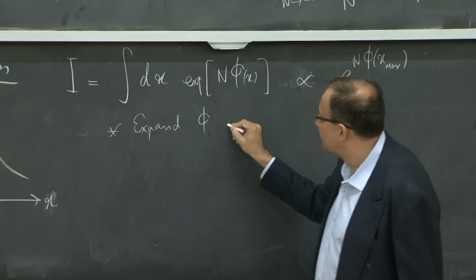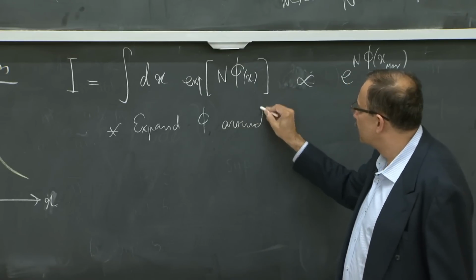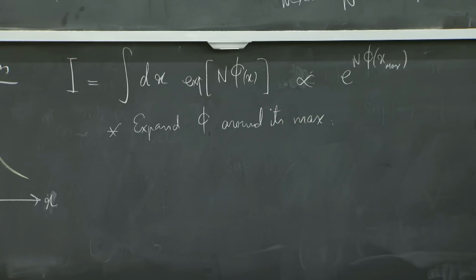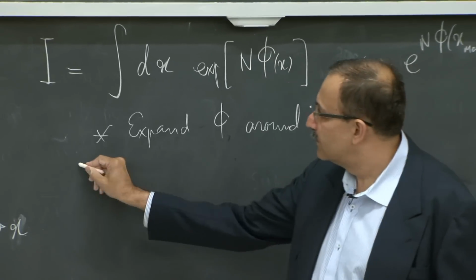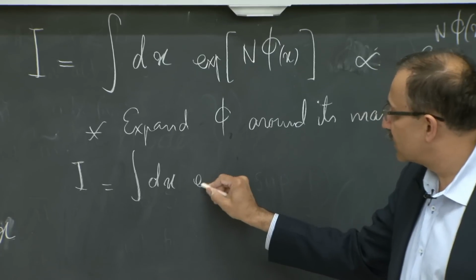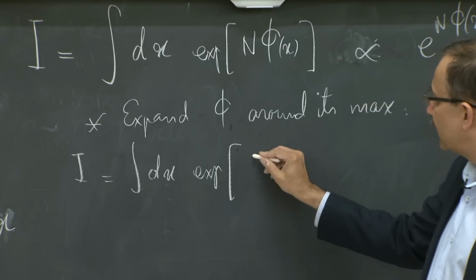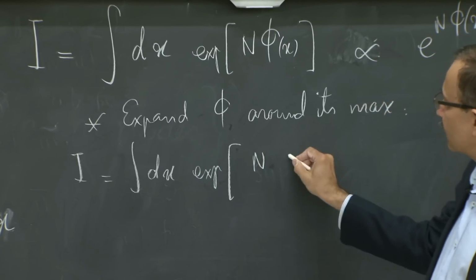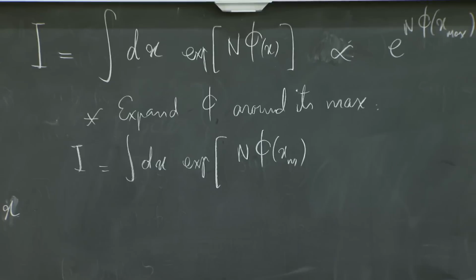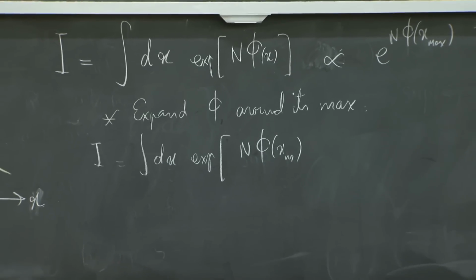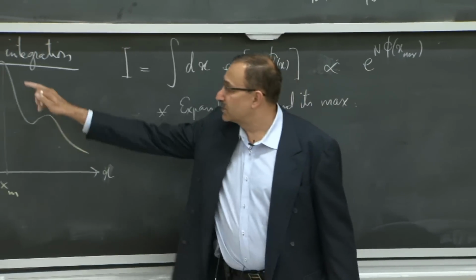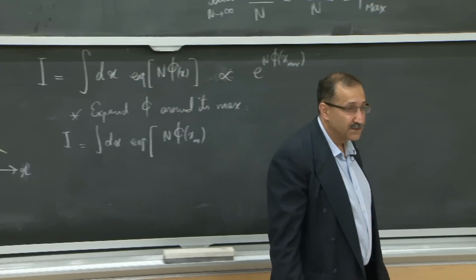phi around its maximum, and then I can write I as an integral over x exponential of n phi evaluated at the maximum. Now, if I'm doing a Taylor series, the next term in the Taylor series typically would involve the first derivative, but around the maximum, the first derivative is 0.